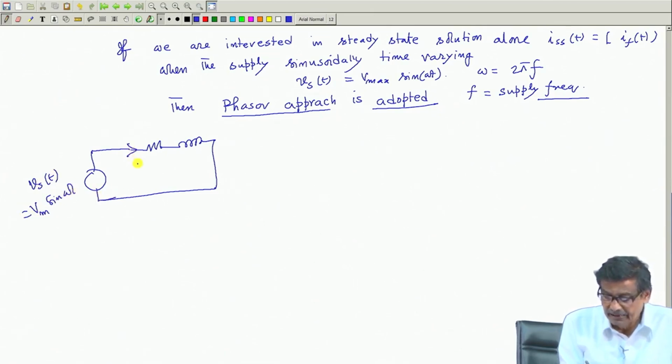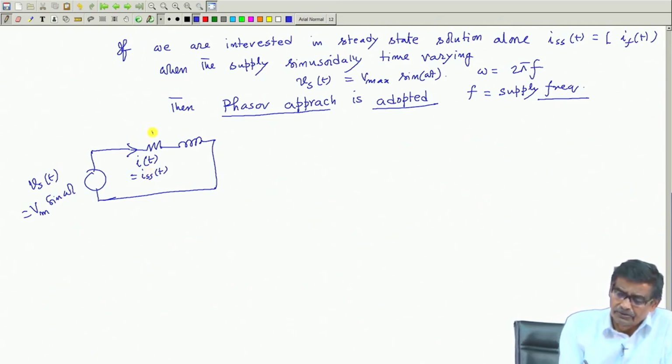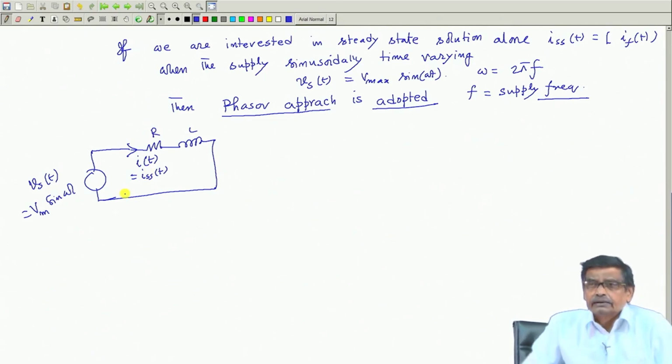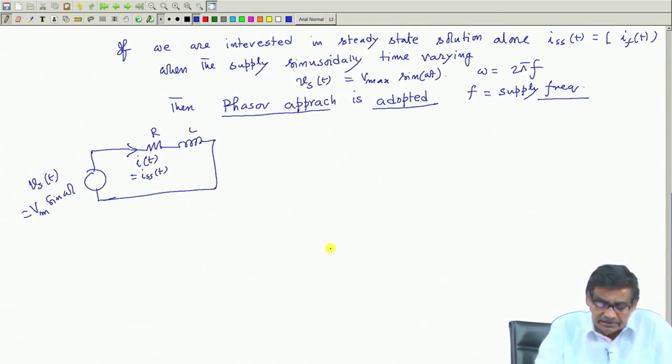Okay, and I am interested to know i of t. i of t means ISS, only steady state current I want to know, because I know this switching transient, that is the solution due to natural response, is going to die after some time. So, I am only interested in the long run what remains in the circuit. Only VS of t will remain and only ISS will remain. This S is for the supply voltage to indicate that.